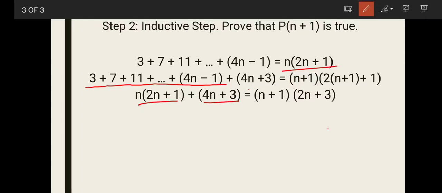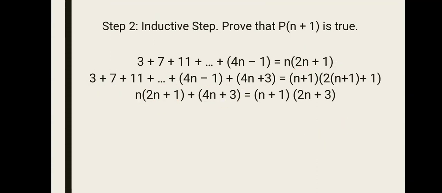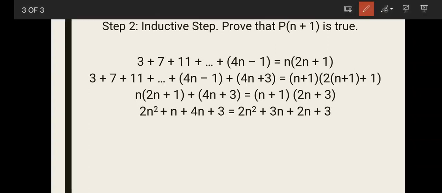And then on the right side of the equation, we just simplify and we arrive with the quantity of n plus 1 times the quantity of 2n plus 3. So for the next step, we just simplify the equation on both sides.